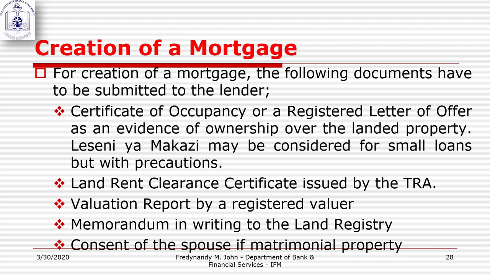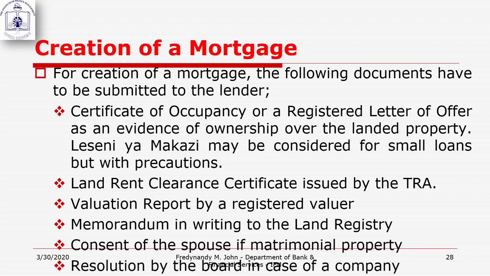Once they default, the bank goes over there to recover their loan, later to find out that one of the spouses knows nothing about the loan. Therefore, this time around, the banker will need the consent of both spouses. If the borrower has mentioned that he is married, then we're going to need the partner to come over and sign this document before the banker. It is very, very important.